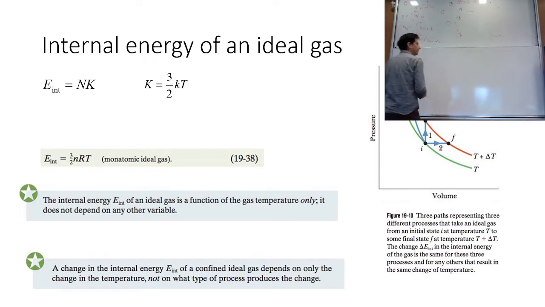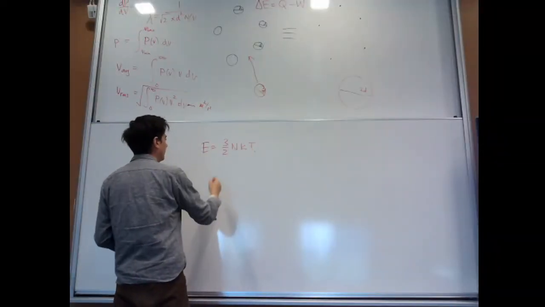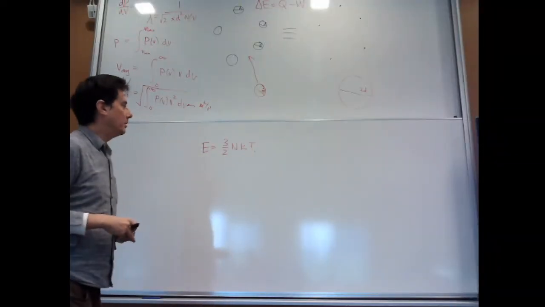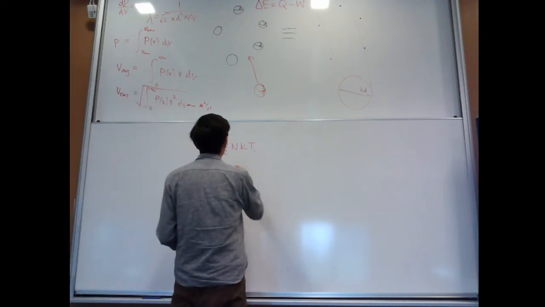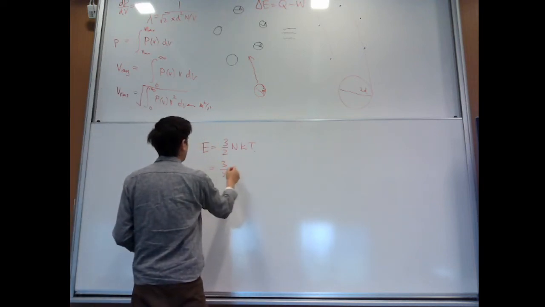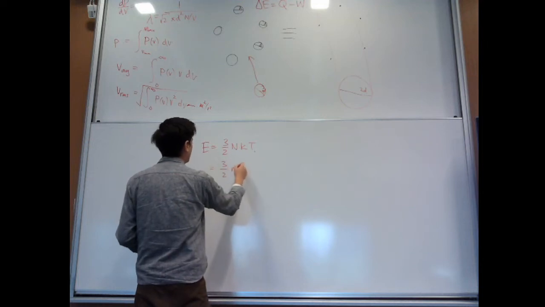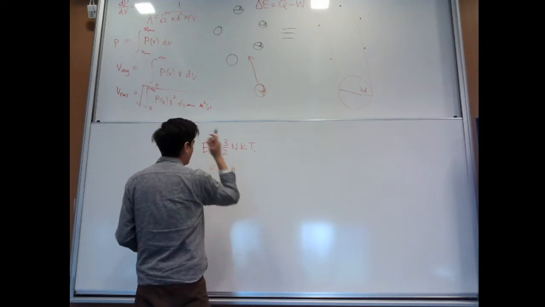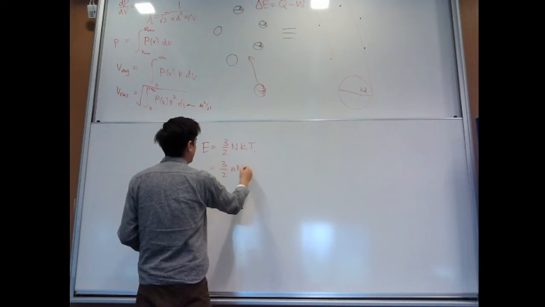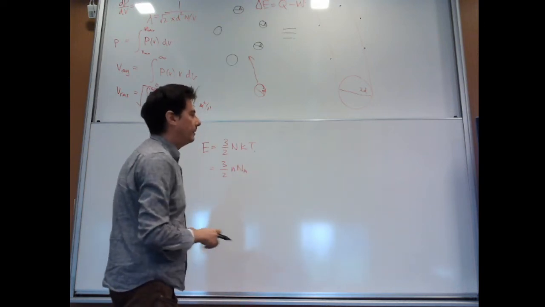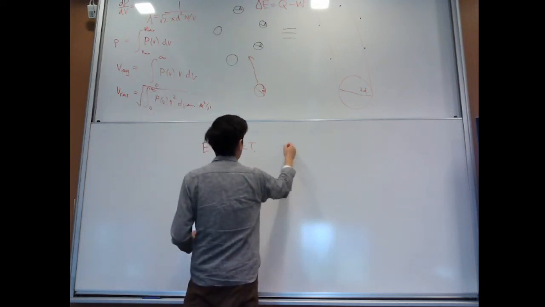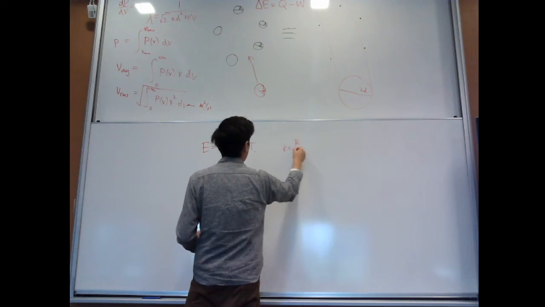So 3/2 N kT, and then we can rewrite this in terms of the number of moles. The number of atoms N is the number of moles n times Avogadro's number, and k was defined to be R over N_A.